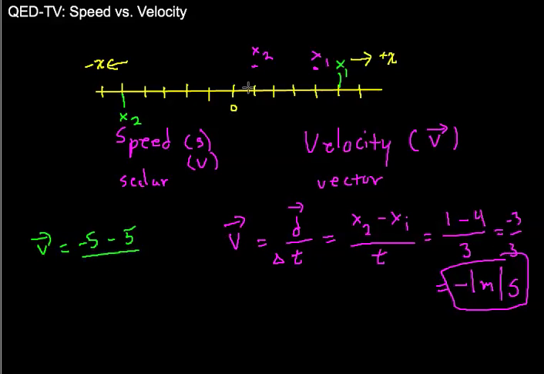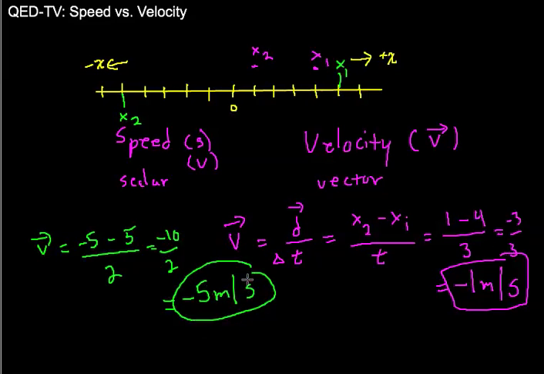We're going to go from here to here in 2 seconds. So I'm going to divide that by 2. And so minus 5 minus another 5 would be minus 10 divided by 2, and that would equal negative 5 meters per second. So what this means is that we would go 5 meters to the left every single second.